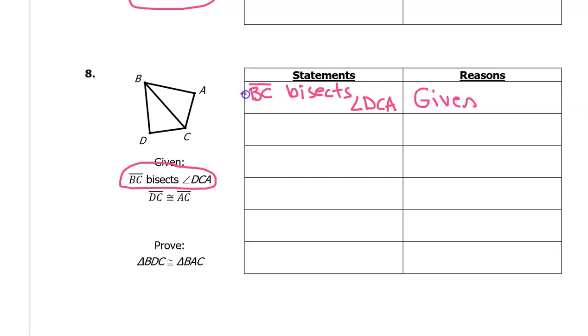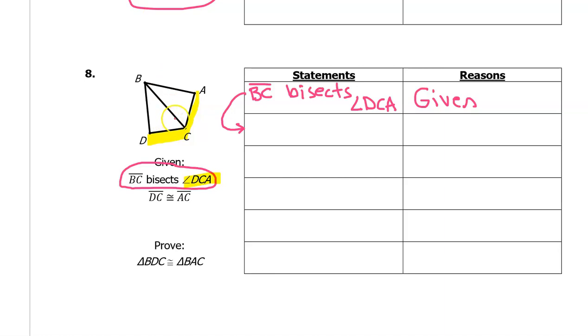We want to immediately turn this into a congruence statement. So how do I do that? Well, focus on the DCA part. That tells you which part of the figure to look at. DCA is this angle right here. Bisect means cut in half.